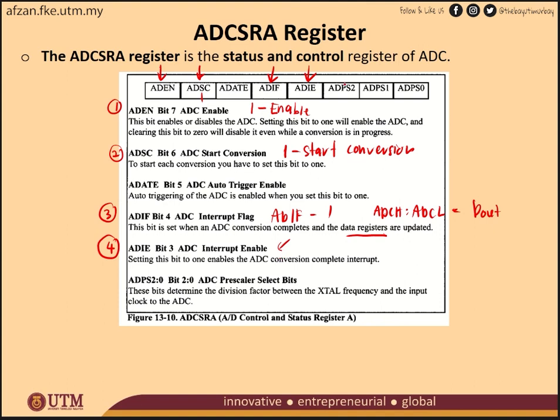Last but not least are the last 3 bits here, known as ADPS2 to ADPS0, which are used to select the prescaler. This one is very important. Why is it important?